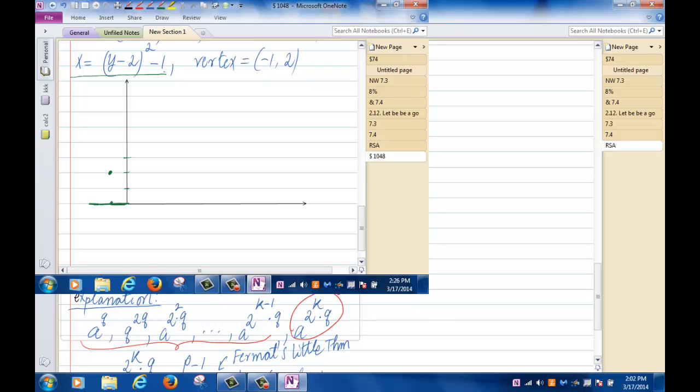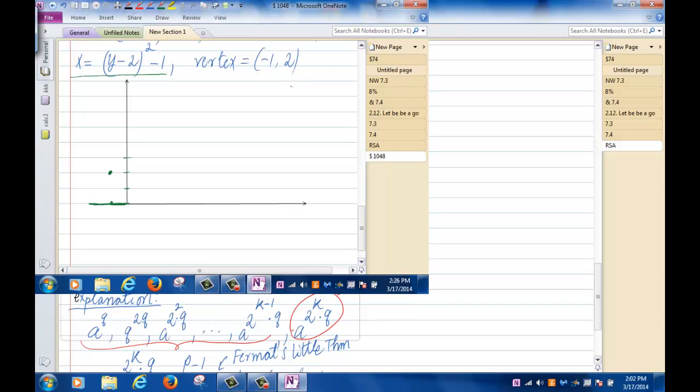If x is 0 here, then (y - 2) squared has to be 1, right? If (y - 2) squared is 1, then what is y - 2? Plus or minus 1, right? So if y - 2 is plus 1 or minus 1, what points do you get?